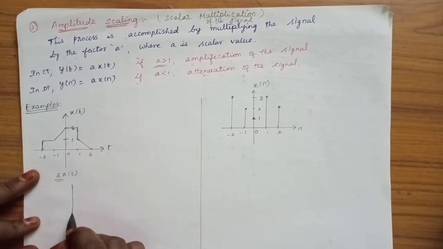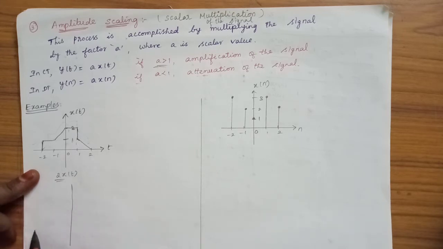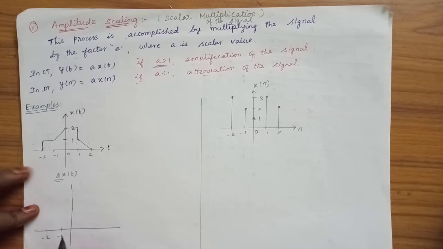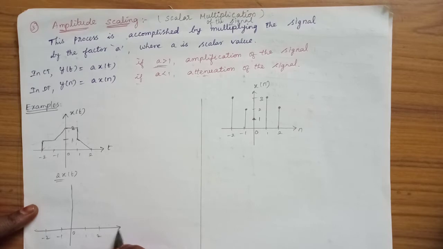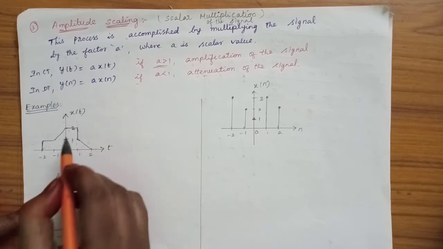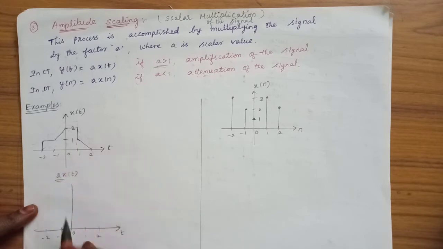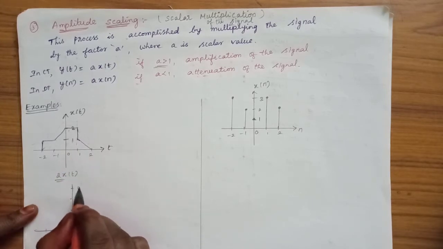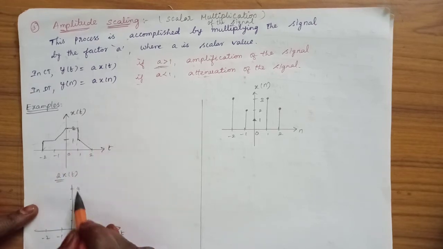The time duration will be the same, so minus 2 to plus 2. So 2 into x of t means that we have to multiply 2 with the y-axis. So we can also directly put 2, 4, that is the scaled version of y of t.